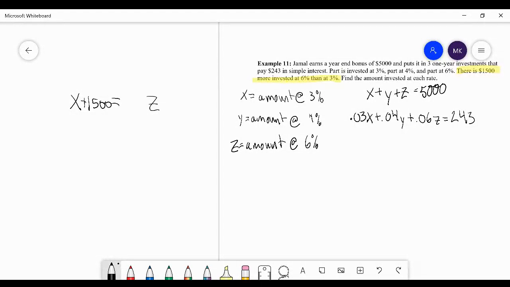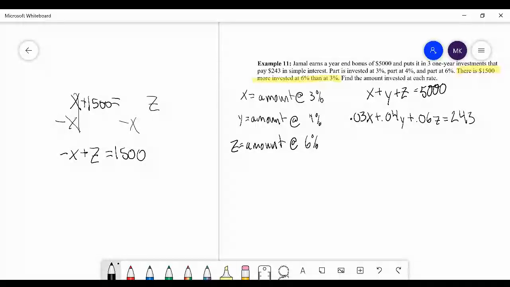I have to manipulate this using our basic algebra skills so that I have all the variables on one side and our constants on the other. That's really easy. I'm just going to subtract x from both sides. And when I do, I get negative x plus z equals 1500.